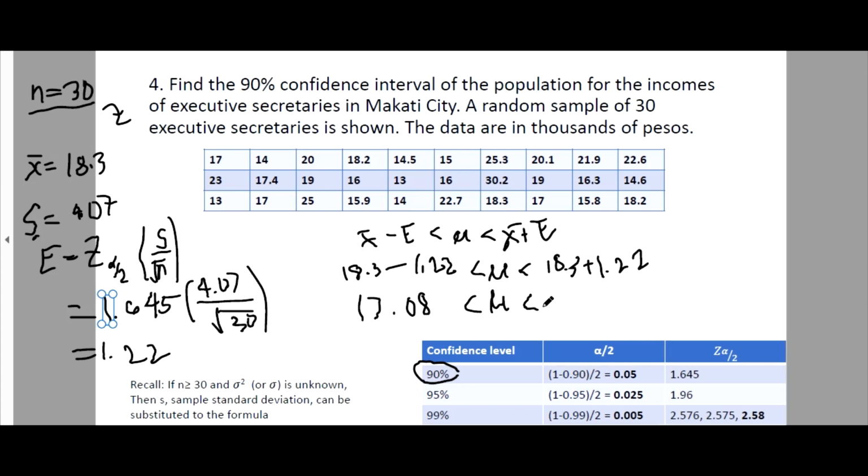And our upper limit is, of course, 19.52. Okay, so this is now our estimate of a population mean. Thus, one can be 90% confident that the population mean income is between 17,080 and 19,520 based on a sample of 30 executives.